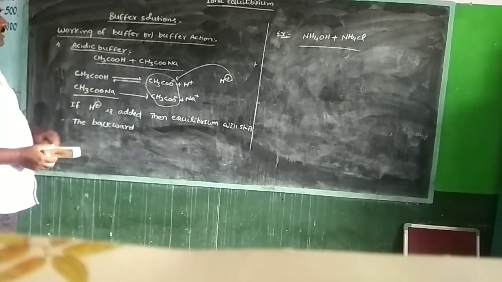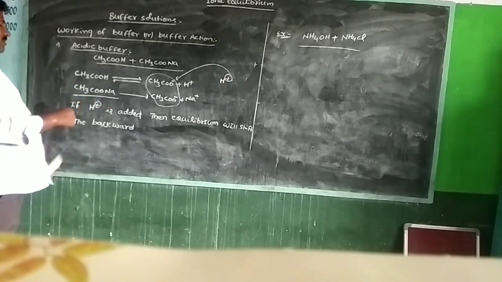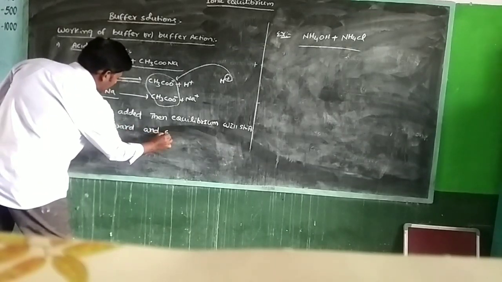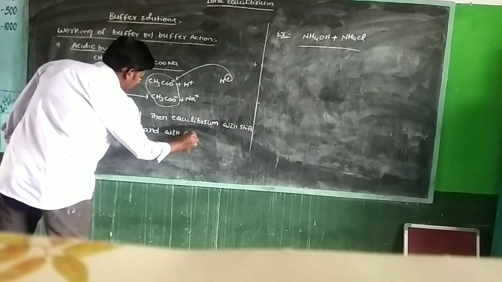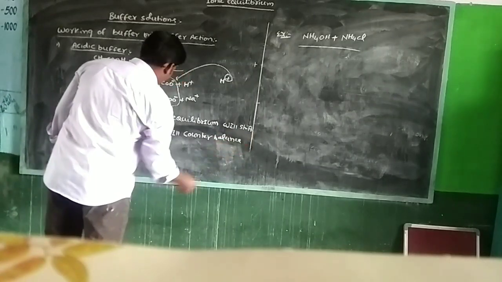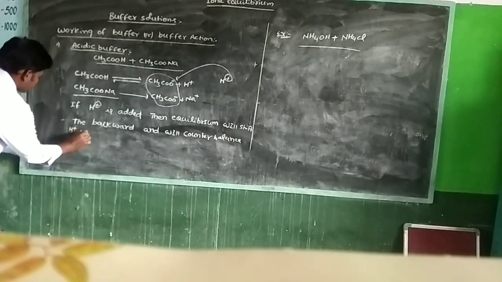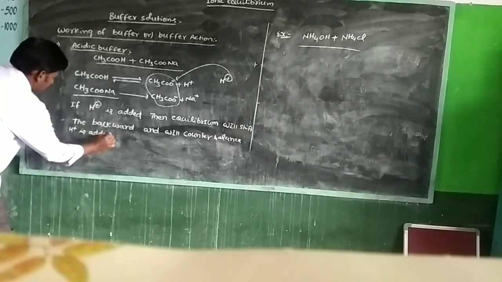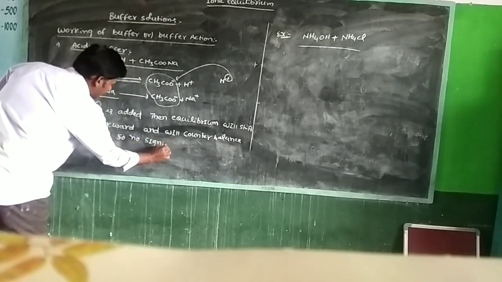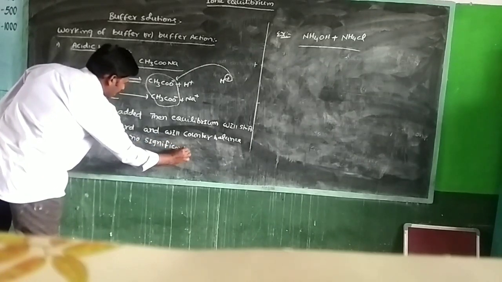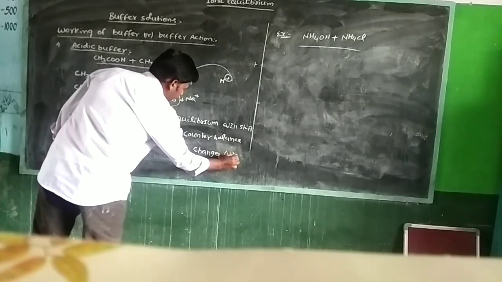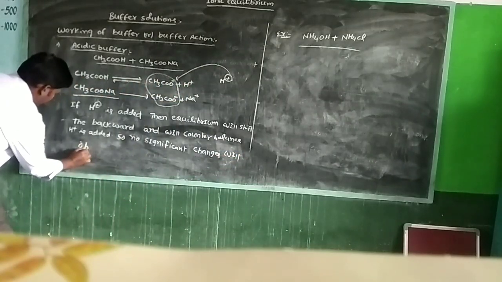If H plus is added, then the equilibrium will shift to the backward direction and will counterbalance the H plus added, so no significant changes will be observed in pH.